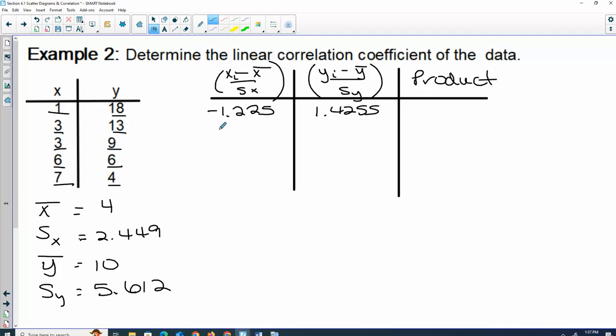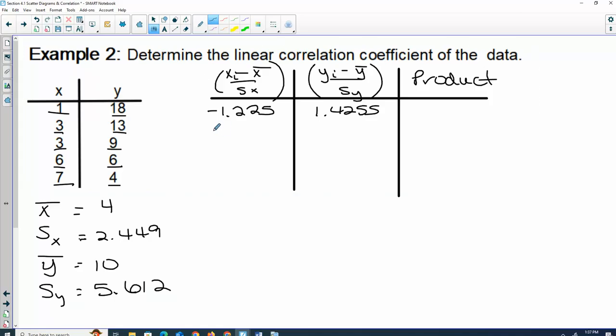Okay, Anna. -0.4083. Grady. 0.5345. You've got that. All right, who has the next one? Brady, is that you? Negative 0.4083. Gianna?